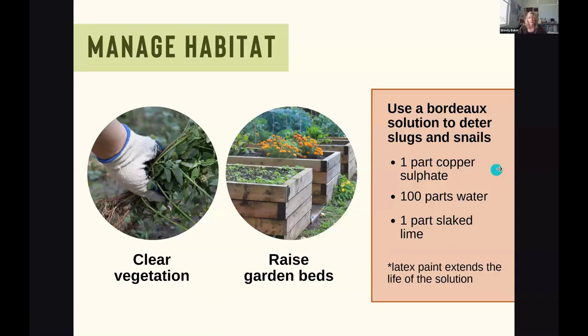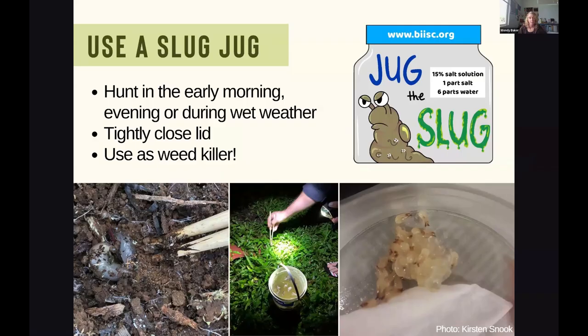And then this is a solution to deter slugs and snails. I haven't had luck with that, so for treating the raised beds, I pretty much have gone away from this method and just use Sluggo, which we'll get to in a minute. We always have a slug jug. It's got one part salt to six parts water, more or less.